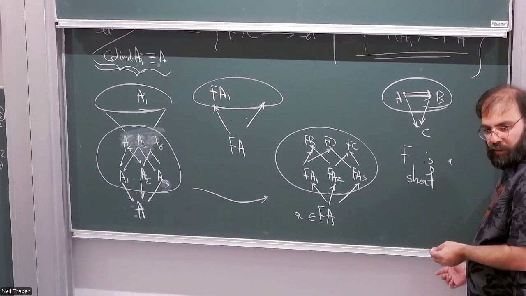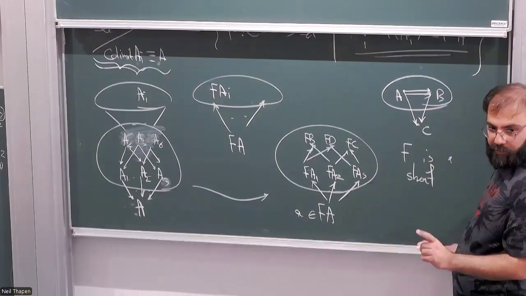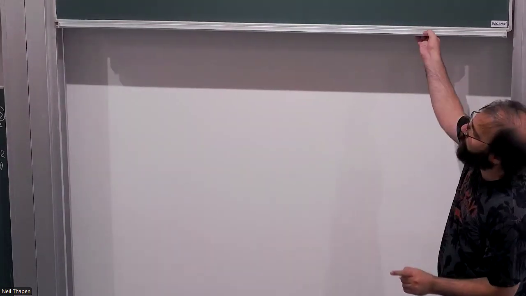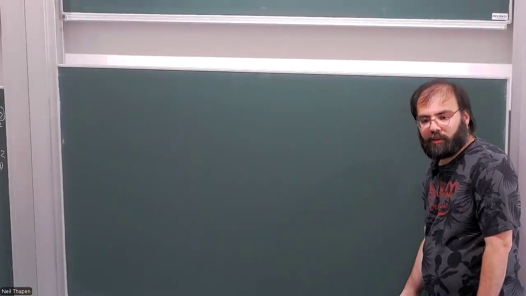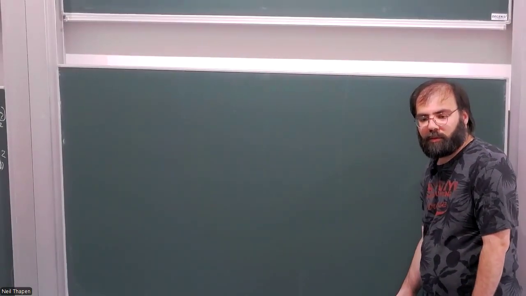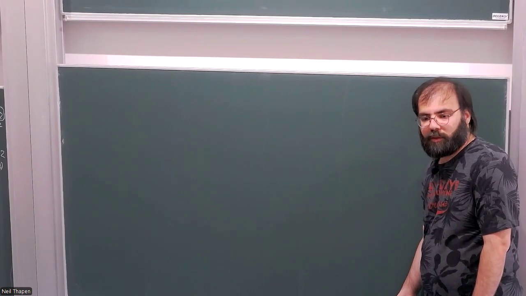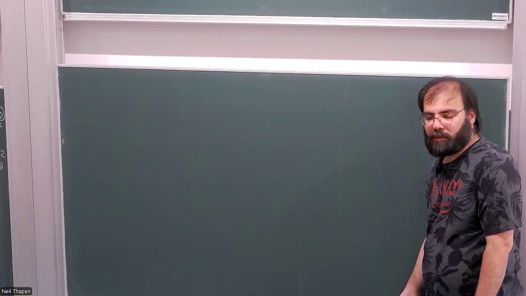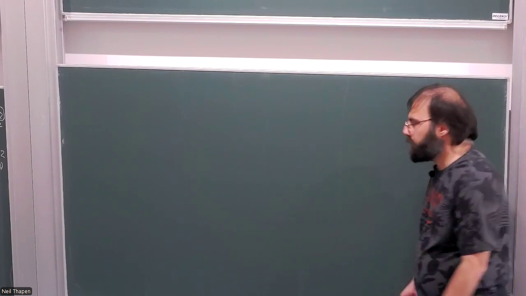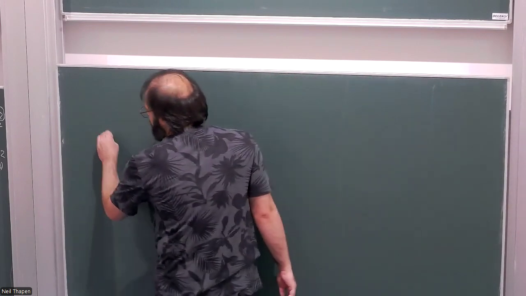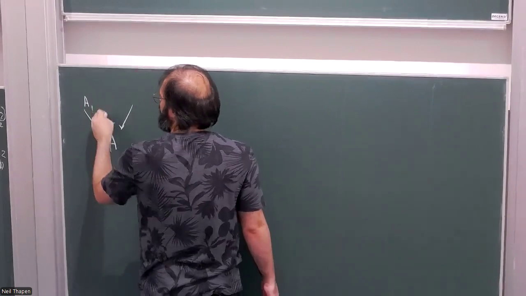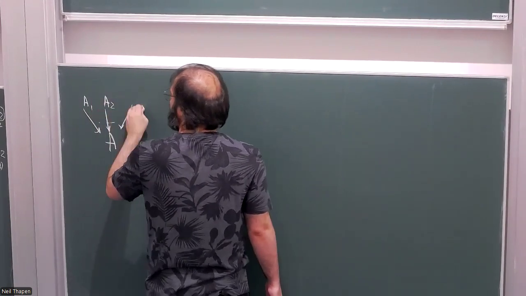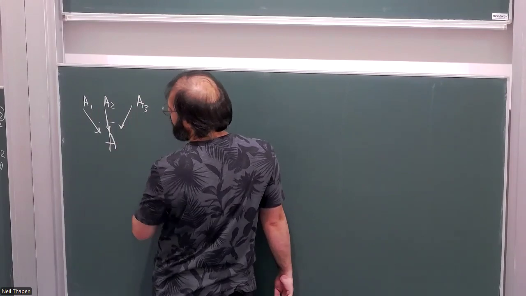But it's this thing about... Let's say that you have just one covering family, right? The condition is that you have B to A and a covering family of B, then you can make some commutative squares. So what is B here? Let's start with just one covering family, right?